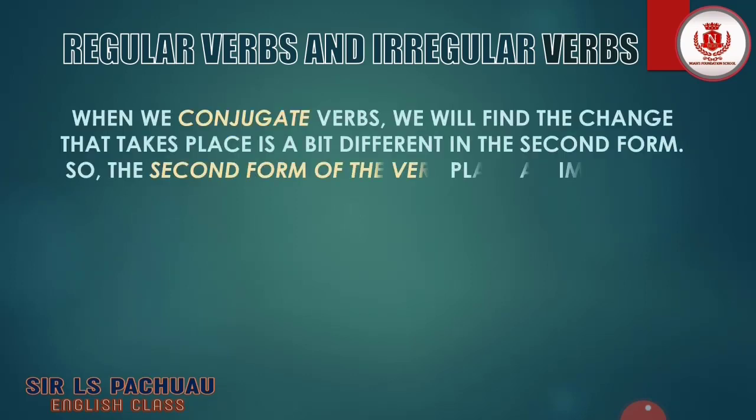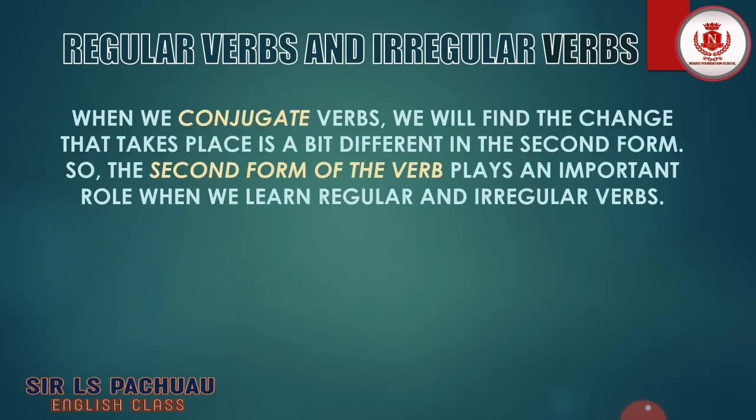When we conjugate verbs, we will find the change that takes place is a bit different in the second form. So the second form of the verb plays an important role when we learn regular and irregular verbs. Here we find the word conjugate.